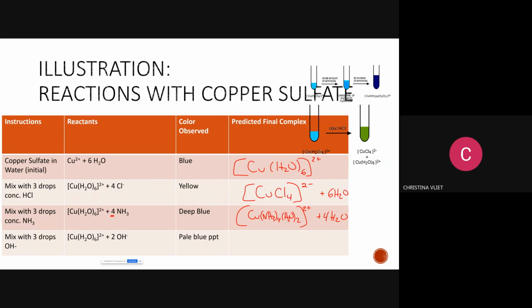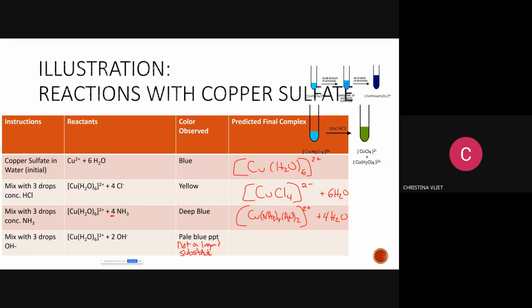And then with hydroxide, you get not a ligand substitution.